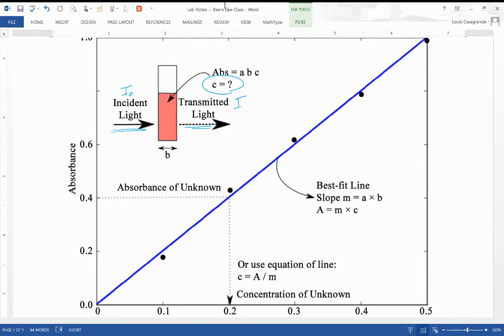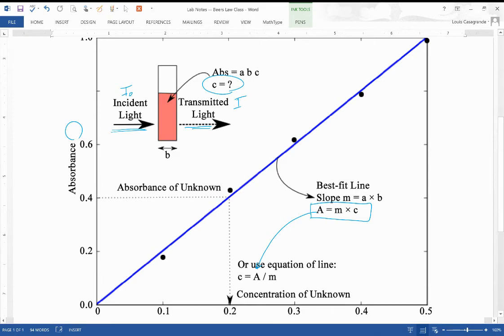You're going to be plotting absorbance, which is unitless. So thank goodness there's no units on absorbance. And on the x-axis is going to be the concentration in molarity. Once you've drawn the line and gotten the slope and the equation for the line, which comes right out of the Google Sheet, you can rearrange that equation.